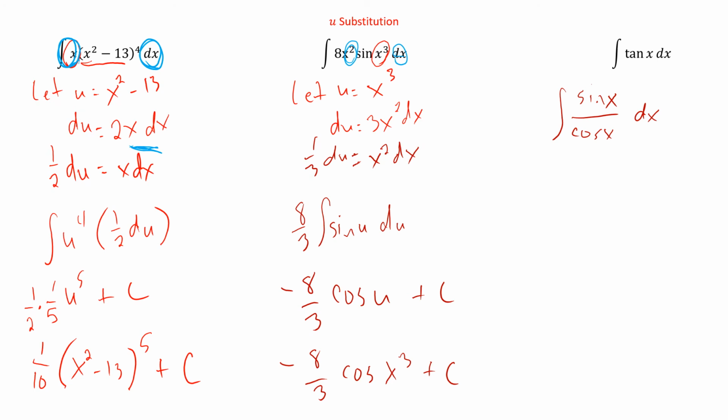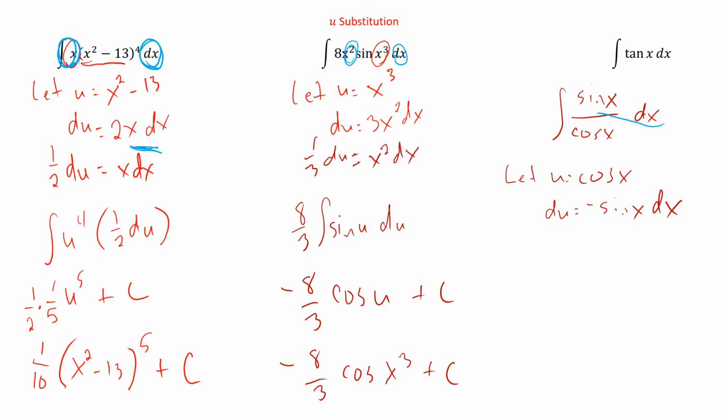Now, it's two things. When you have something like this, what you would want to do for u is you want it to equal the denominator. Let u equal cosine of x. So du equals negative sine x dx.